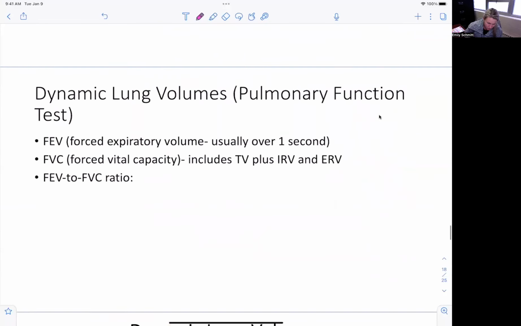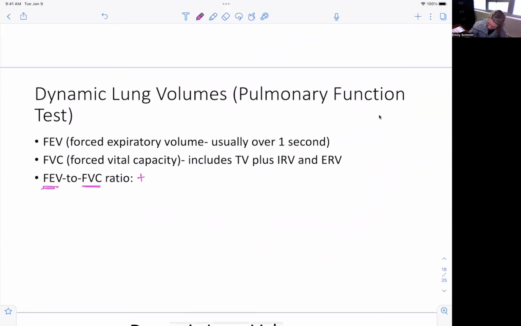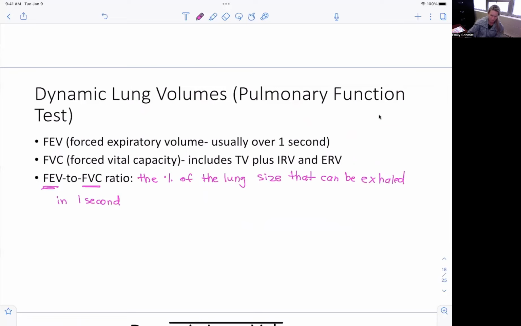So the FEV to FVC ratio is going to be the percent of the lung size that can be exhaled in 1 second.